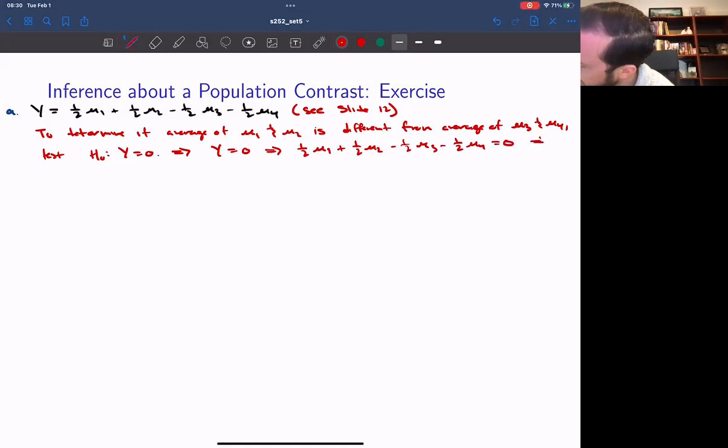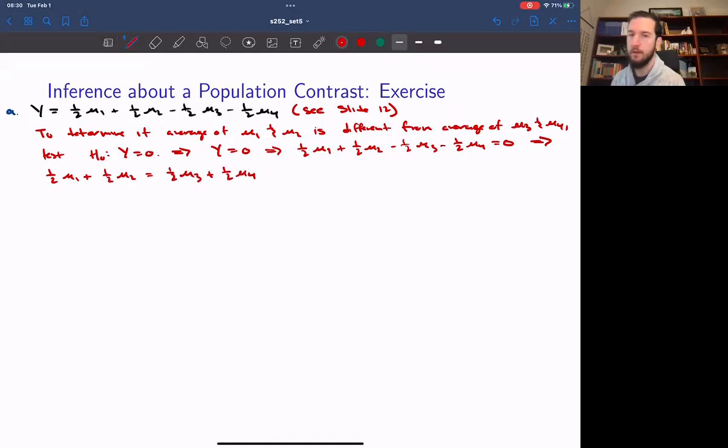So this can be written as 1/2 mu1 plus a half mu2 equals a half mu3 plus a half mu4.